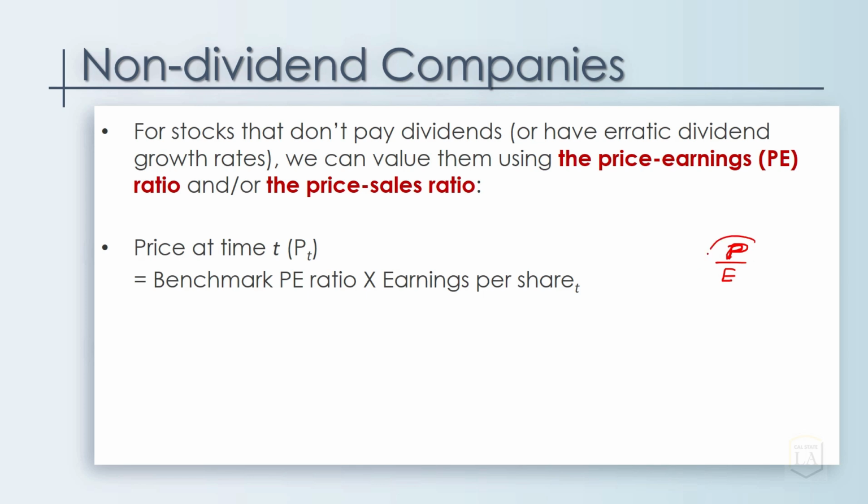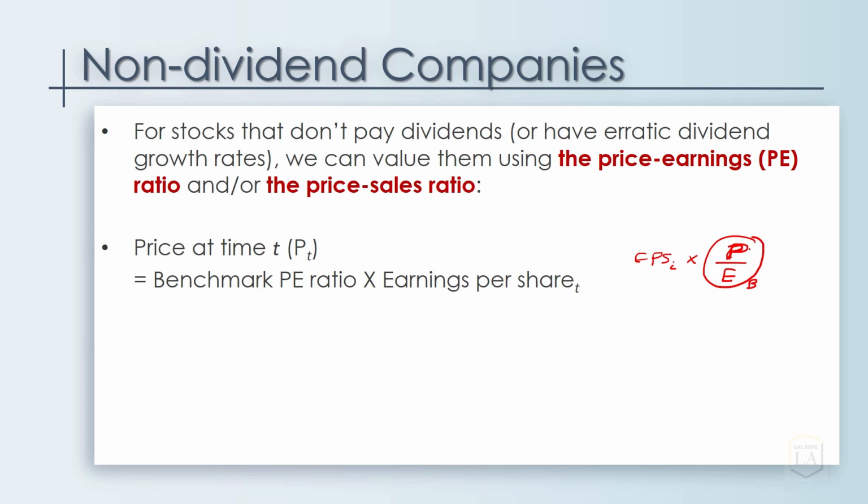And then we're going to take a benchmark P/E ratio, a lot of times from the industry average or among its peers. We're going to take the benchmark P/E ratio and multiply that by the EPS of that firm. So let's say the firm was firm i, and this would be the benchmark's P/E ratio, multiplied by EPS.